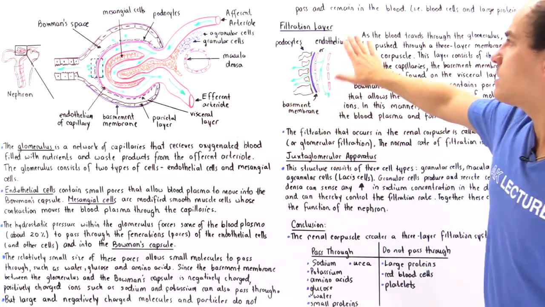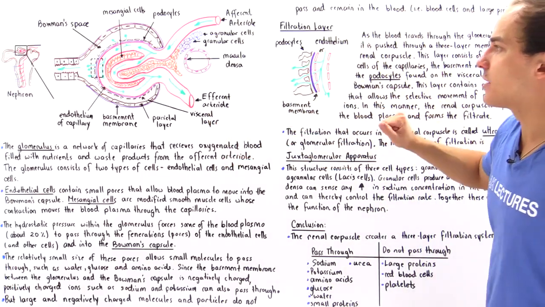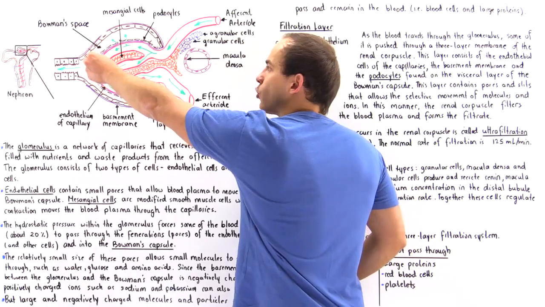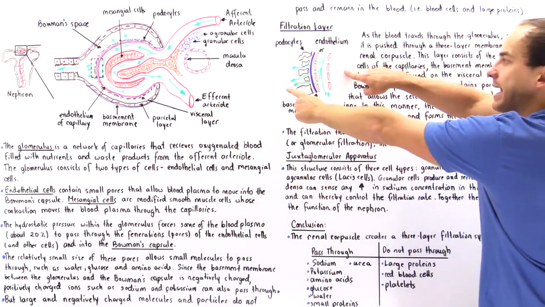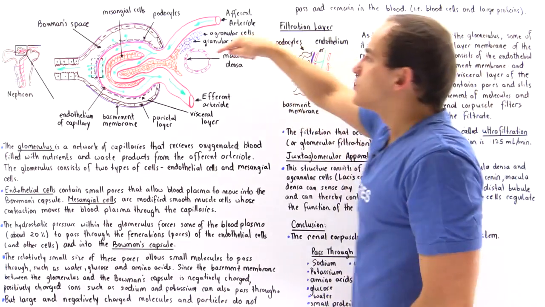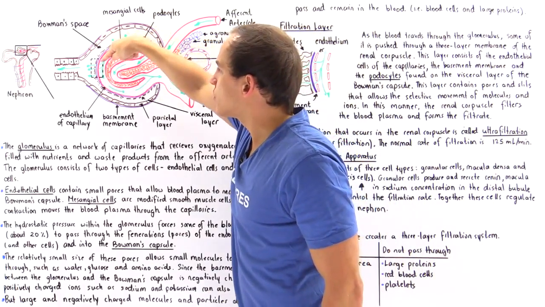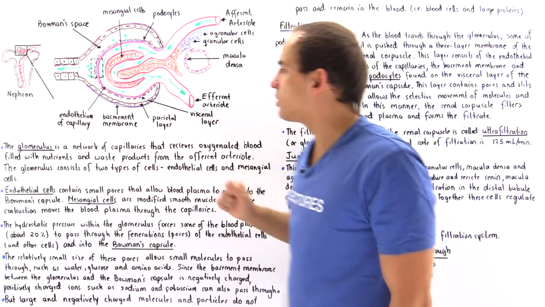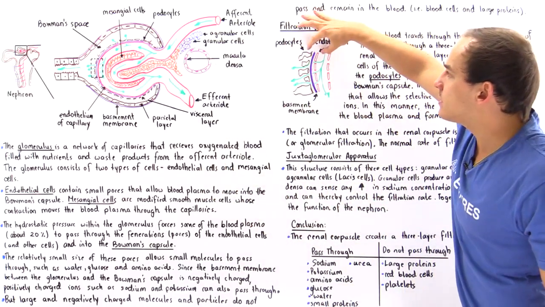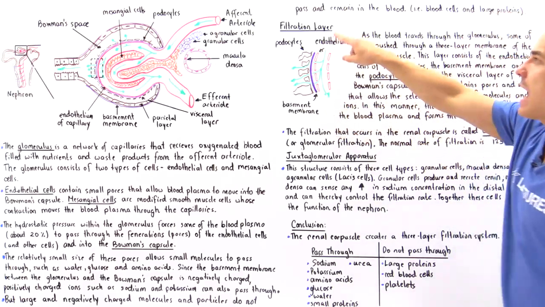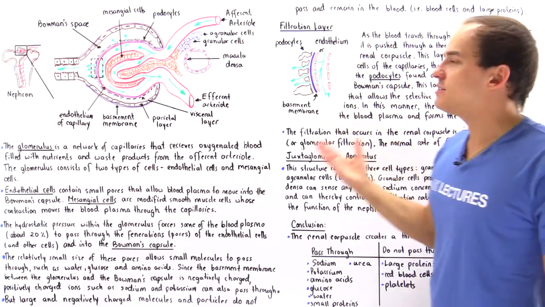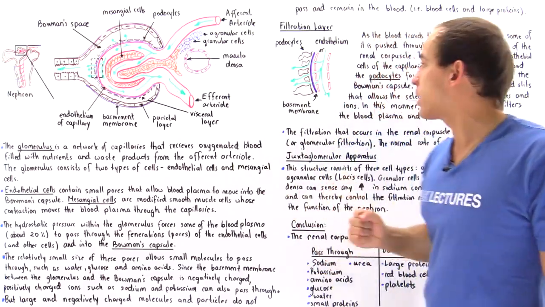So let's take a look at our filtration layer. If we take a cross section, if we look at this section here, we get the following diagram. So as the blood travels through the blood capillaries of the glomerulus, we basically have a layer of different cells known as our filtration membrane. So this is a 3-layer membrane.